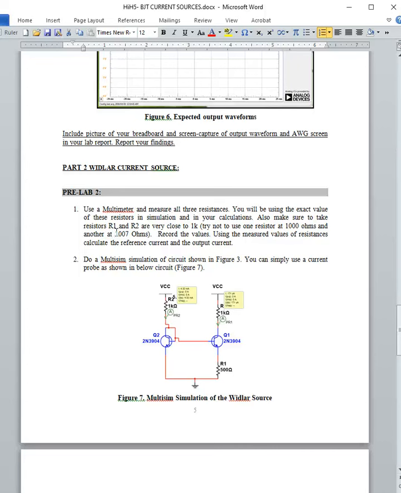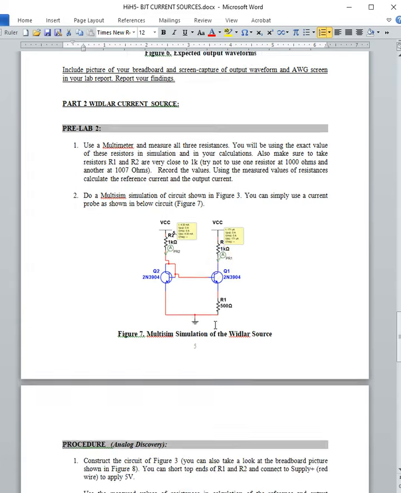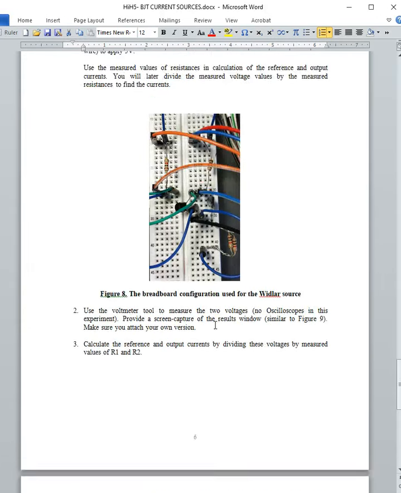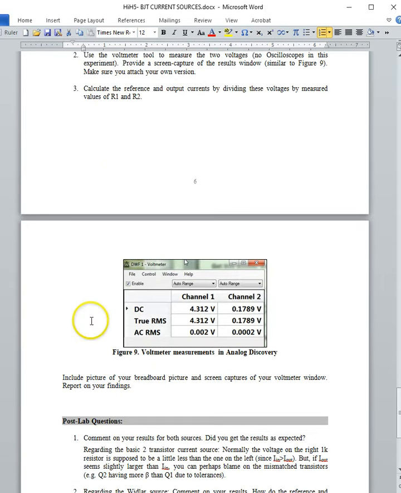Based on the measured values, you're going to do the hand calculation, and then you will use those exact values and construct this Multisim circuit and simply put a current probe to measure the currents. We will be comparing this against the reading in Analog Discovery.